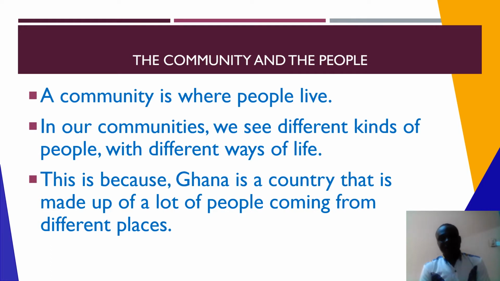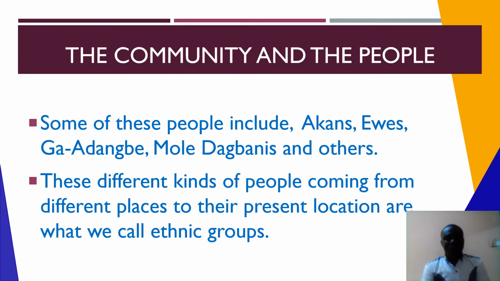The AKANS came from old Ghana Empire, which is currently Mali and Mauritania. Because of that, they came with different backgrounds, and for that matter, they have different ways of life. This is why we are saying that the different kinds of people in our communities have different ways of life.